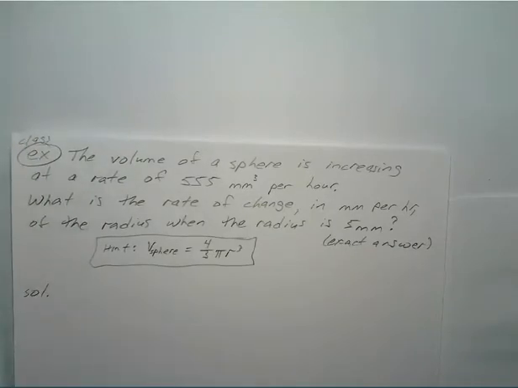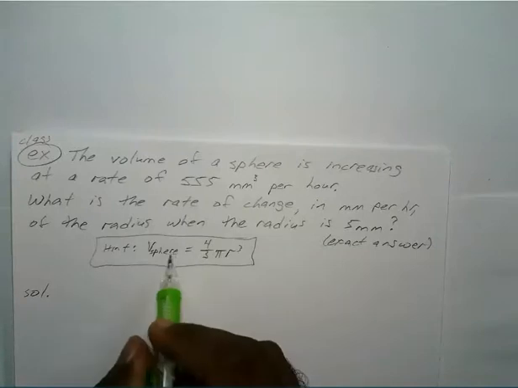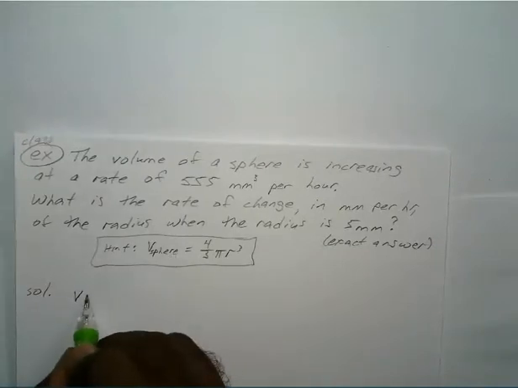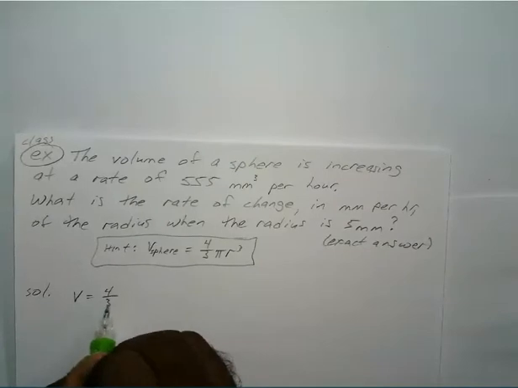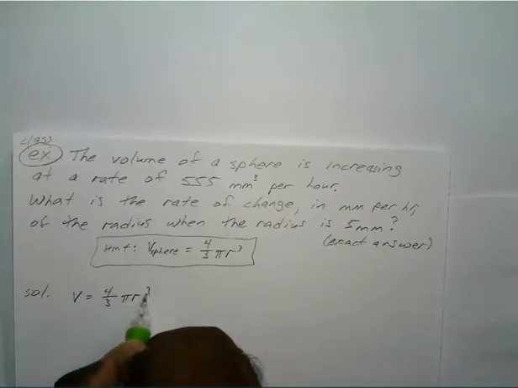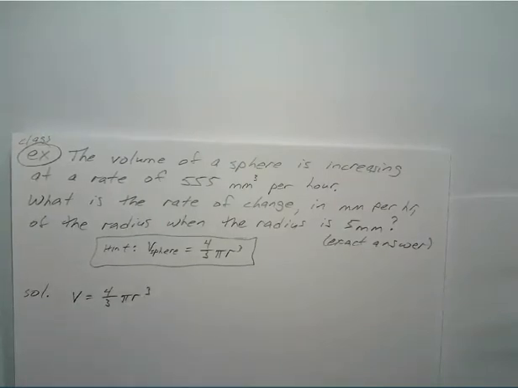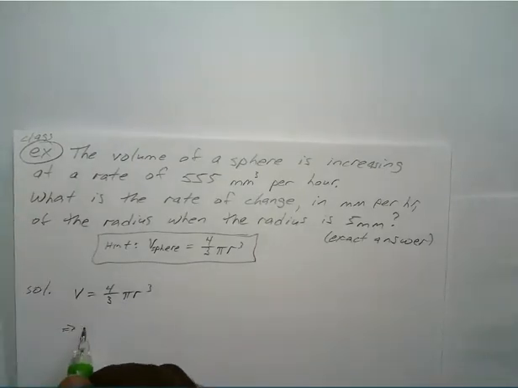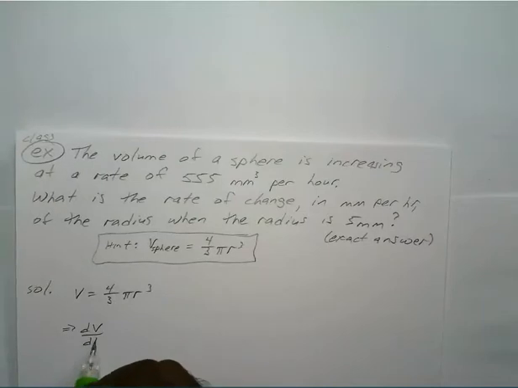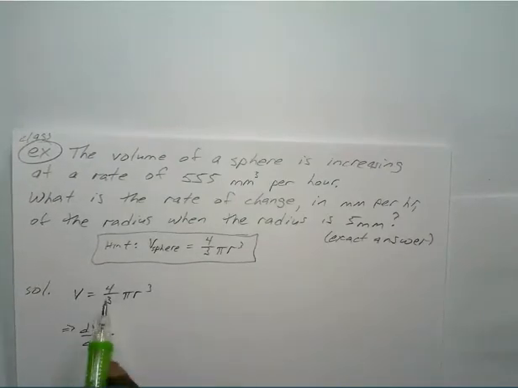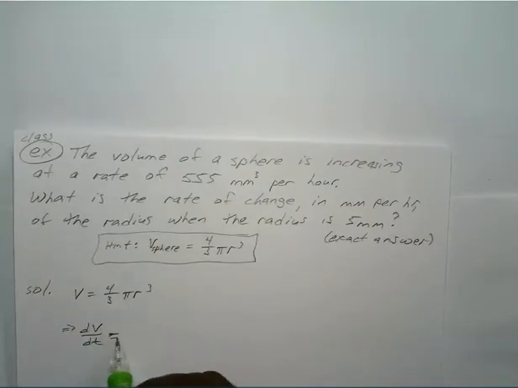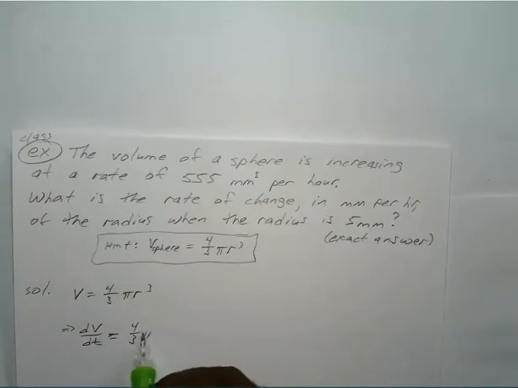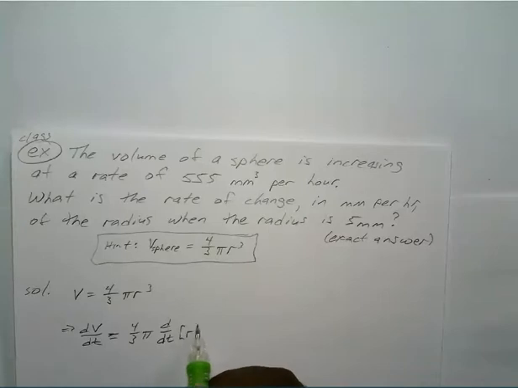All right, so first thing you notice is that your volume of a sphere is 4 over 3 times pi radius to the third. So we want to know the rate of change of the volume. So the rate of change of the volume with respect to time, we get that 4 over 3 pi, and we factor that out. So 4 over 3 pi times the derivative with respect to time of your radius cubed.